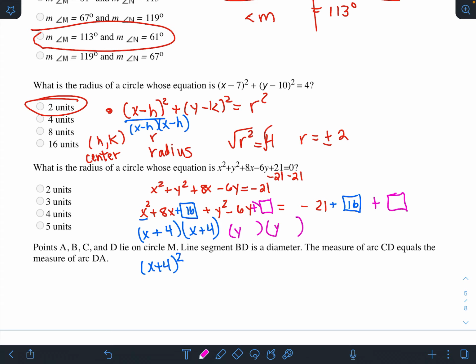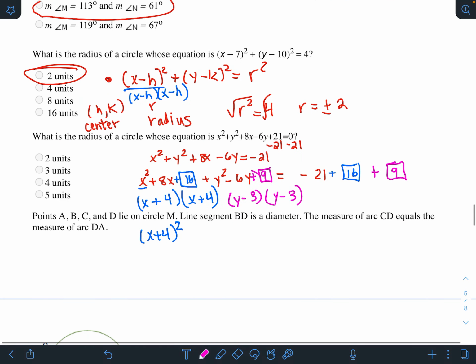So two numbers that are the same that add to be negative 6 is negative 3. And then negative 3 times negative 3 is positive 9. So that's going to be the perfect number that I add to both sides. And when I do that, I get x plus 4 squared plus y minus 3 squared is equal to, and then negative 21 plus 16 is negative 5, and negative 5 plus 9 is 4.